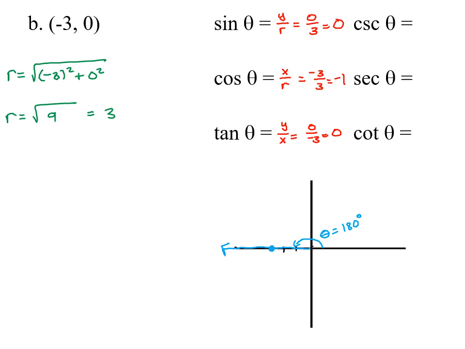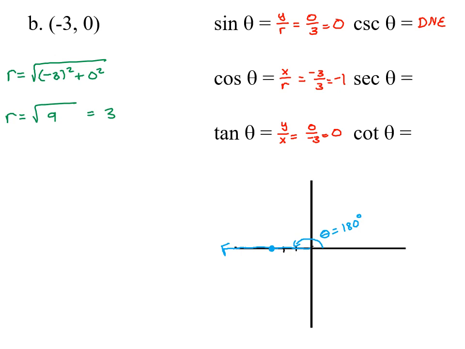Now, because 2 of the 3 come out to be 0, and the other trig functions are reciprocals of that, then you're going to get some things that are not defined. So like sine equals 0, cosecant is what you get when you flip over sine. If you flip over 0, you'll get a 0 in the denominator. That's undefined. Or I'm going to put DNE for does not exist.